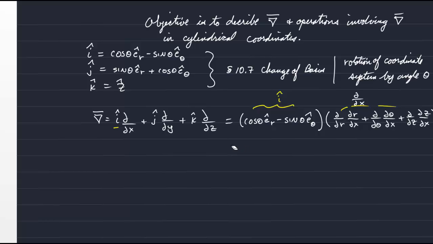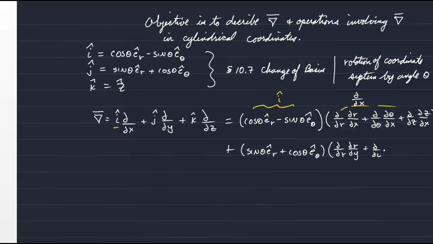We then have the j hat term that we have to add, and j hat again was sine theta e hat r plus cosine theta e hat theta, and d by dy is equal to d by dr times dr by dy. Again, we're applying the chain rule of calculus to show how the quantity changes with r, theta, and z.